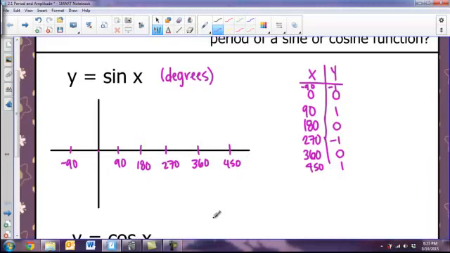Those are my x values. I look at my y's and notice that my highest y value is 1 and my lowest y value is negative 1. Then I'm going to plot those points. At negative 90, we have negative 1. At 0, 0. At 90, 1. At 180, 0. At 270, negative 1. At 360, 0. And at 450, 1.